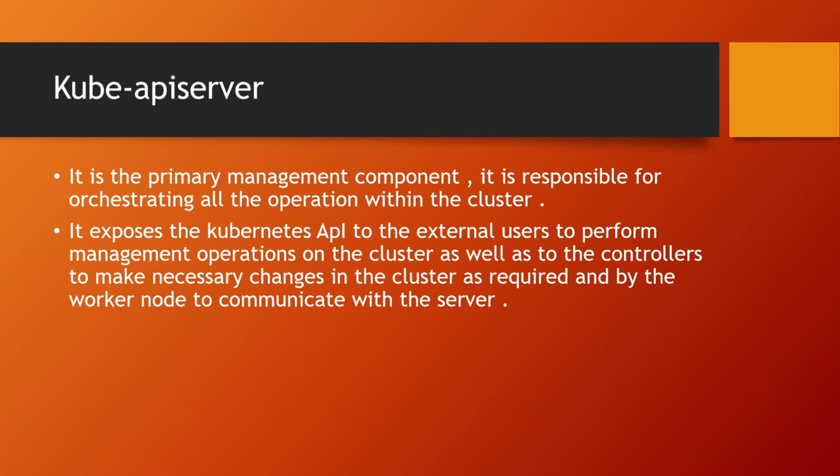So this exposes the Kubernetes API to external users to perform all the operations related to the Kubernetes cluster. I will talk about this in much more detail later, but for now you can understand that all the components in your Kubernetes cluster are directly or indirectly interacting with the Kube API server itself, and it exposes the Kubernetes API to external users to perform any kind of operation on your cluster.